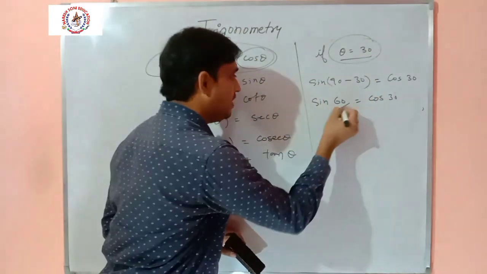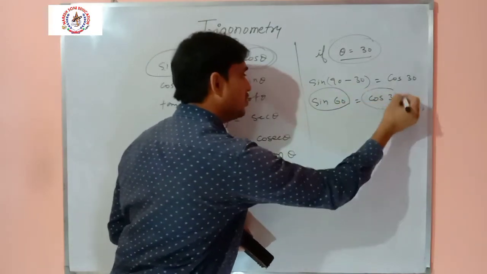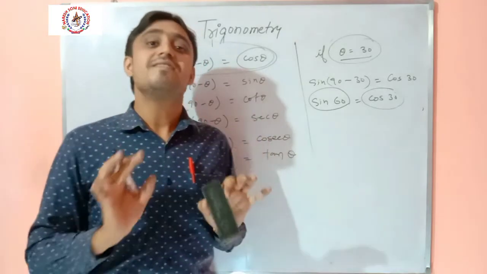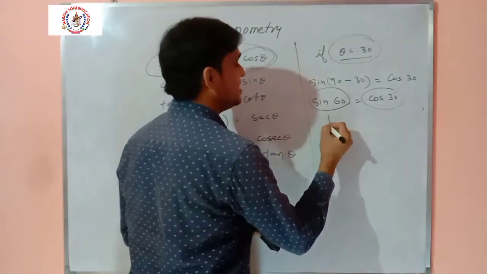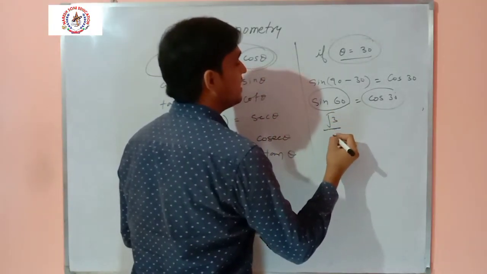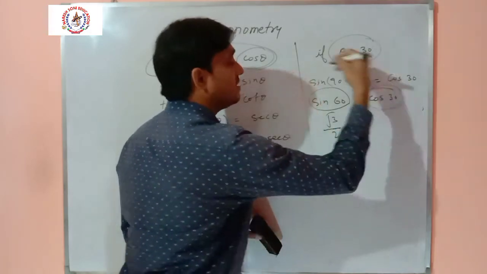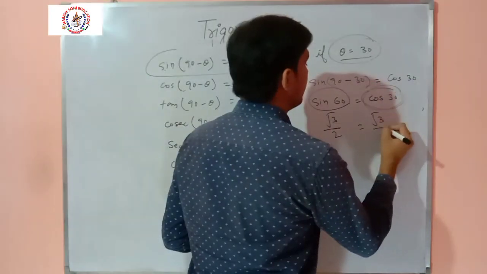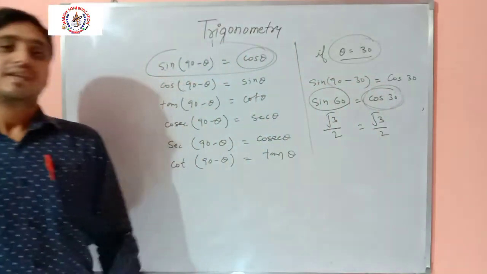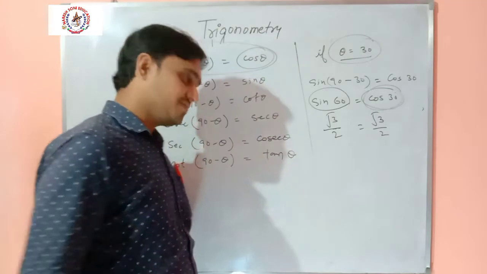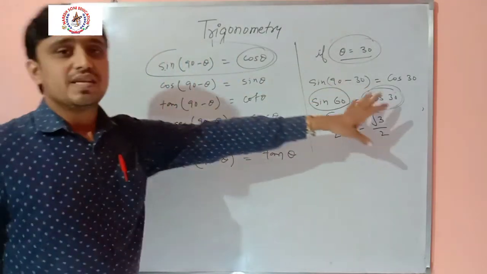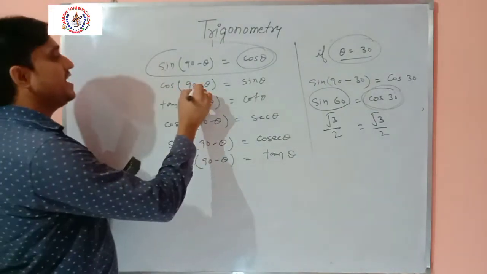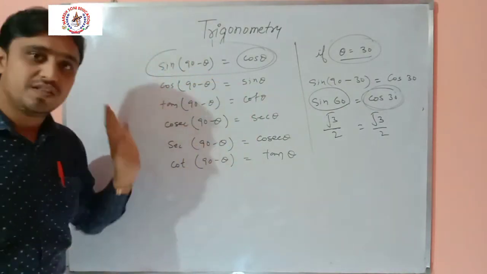It means the value of sine 60 degrees and the value of cos 30 degrees is the same. Sine 60 degrees is root 3 by 2, and cos 30 degrees is also root 3 by 2. Understood, guys? In such a way you can verify all these values, cos 90 minus theta, sin theta, and all the others.